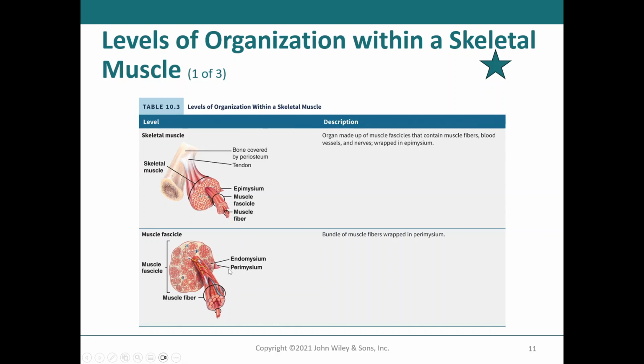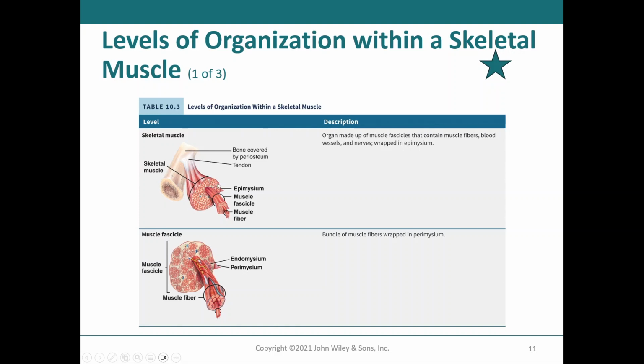When we go down further, we're going to see within this muscle fascicle that there is going to be endomysium that's going to be surrounding a muscle fiber. And then we see perimysium that's going to be around that muscle fascicle. So let's look at this again. Epimysium is around the entire muscle, the very outer area.